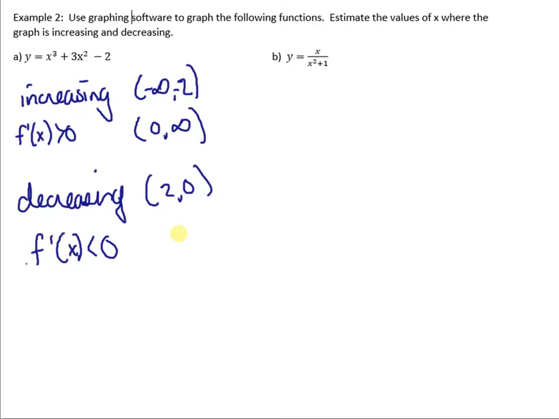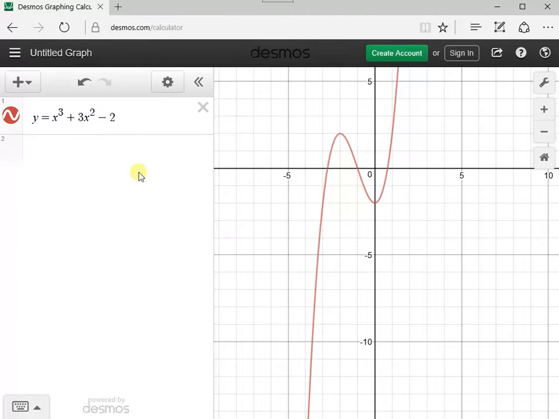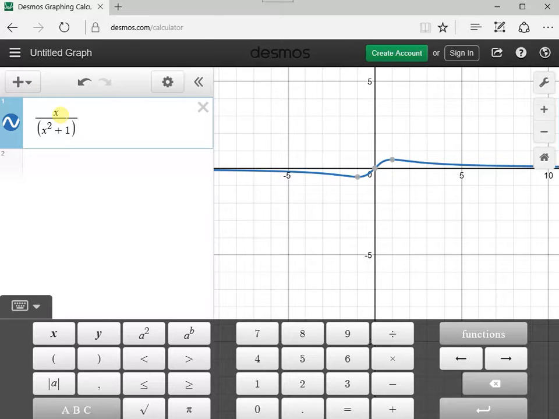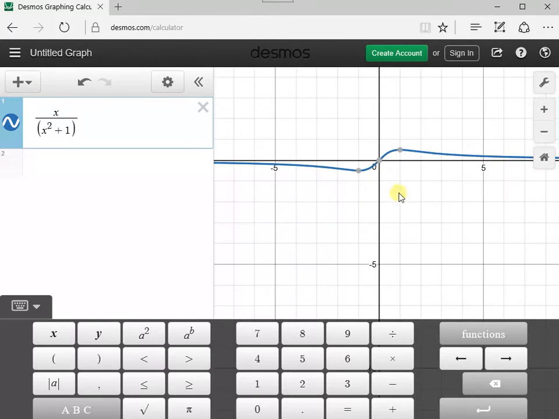So we have x over x squared plus 1. Okay, that's it. We're good.